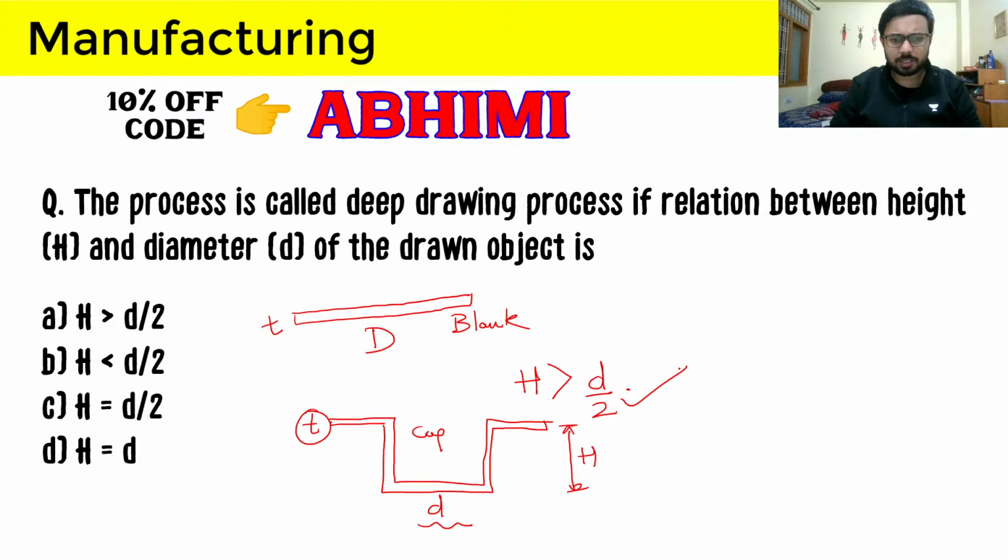This is just a standard thing that we follow, so that we can classify which process is which. If this condition is met, then the process will be deep drawing. So the correct answer here will be A. The height of the drawn cup should be greater than the diameter of the drawn object divided by 2. You simply have to remember this, and it might get asked in your GATE examination.